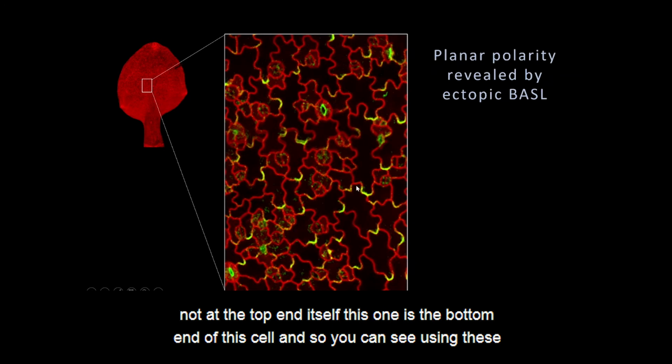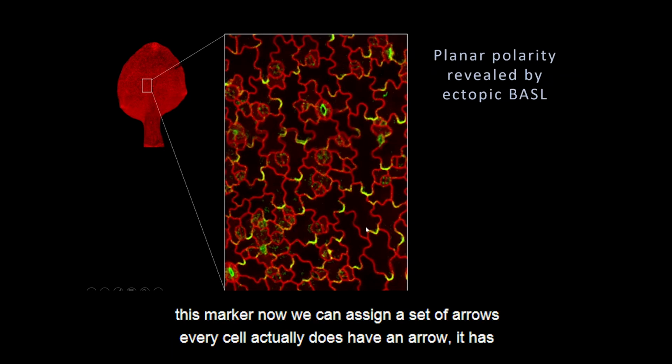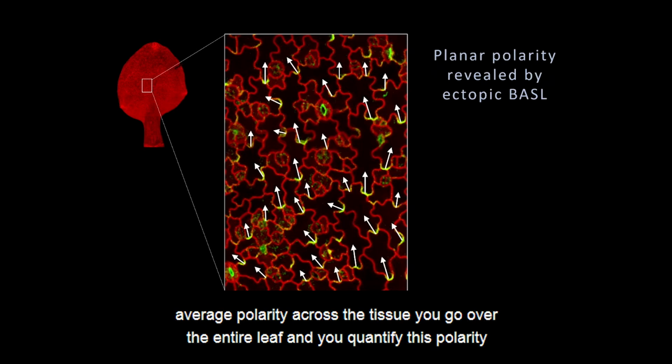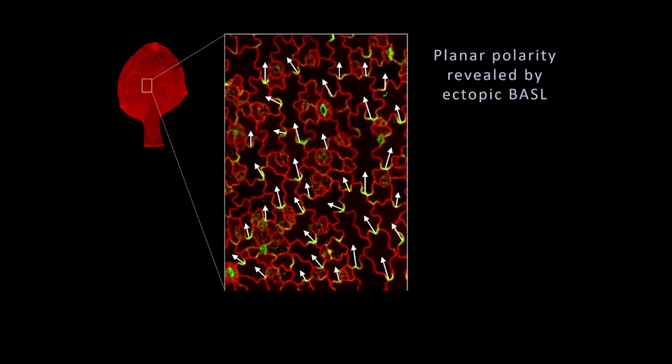And so you can see, using this marker now, we can assign a set of arrows. Every cell actually does have an arrow. It has one end that's different from the other end. It has a polarity. And moreover, you can get the average polarity across the tissue. You go over the entire leaf and you quantify this polarity.